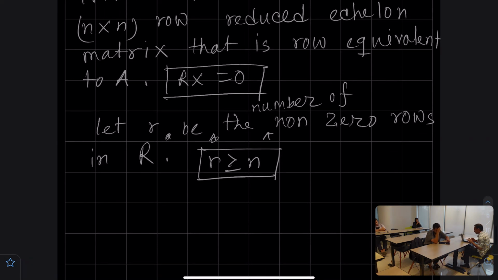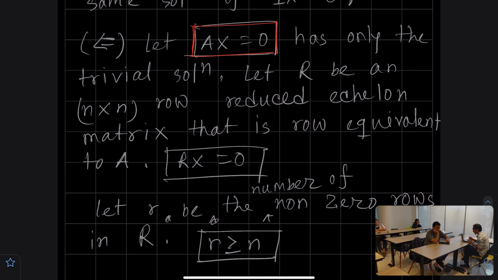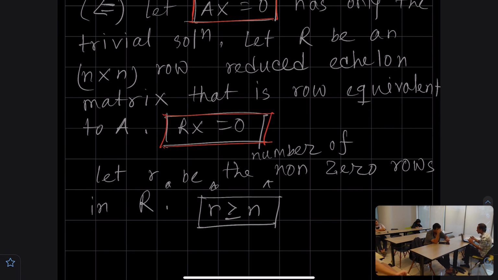So since Ax equal to 0 has only the trivial solution, Rx equal to 0 also has only the trivial solution, and using that remark, r is greater than or equal to n.